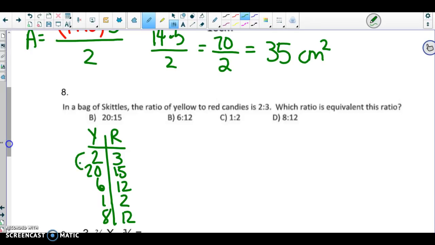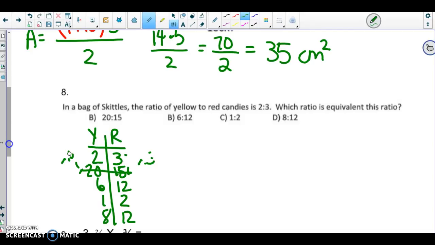To get here, I would have to multiply by 10. But to get here, I'm multiplying by 5. That wouldn't work because I have to do the same thing, so that one's not going to work.